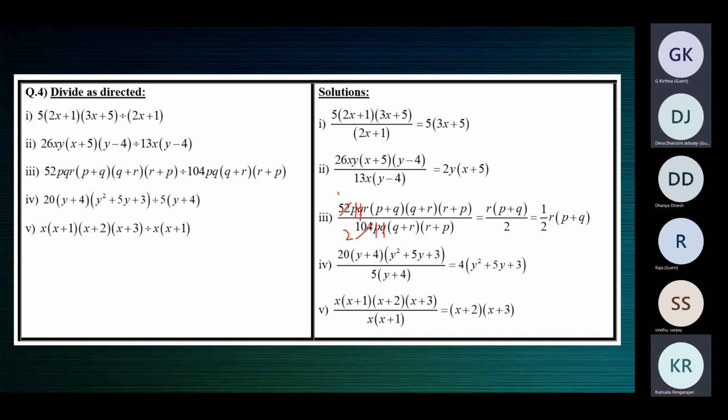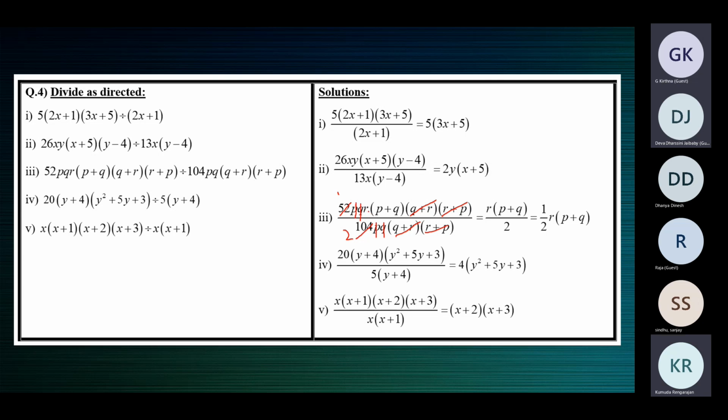P and P also will get cancelled, right? Oh yeah, ma'am. Okay, then. And then so 1 by 2R. No, what else will get cancelled? Q plus R and R plus P. Okay. So 1 by 2R, P plus Q is the answer.